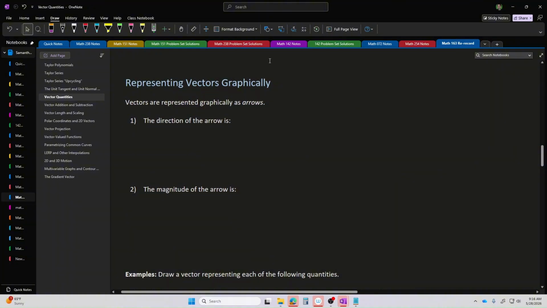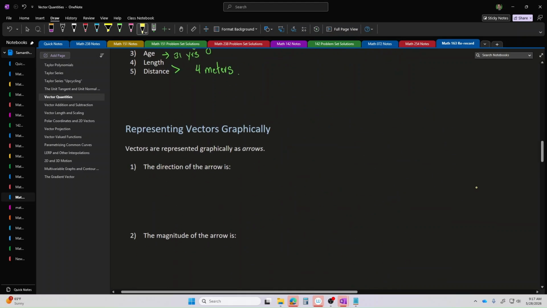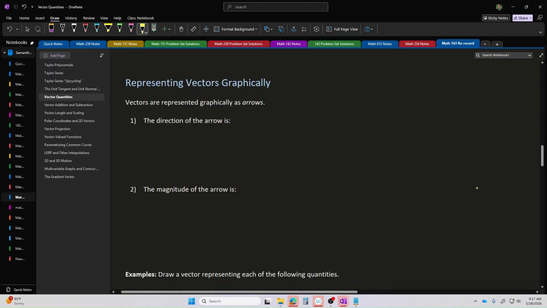as an arrow. The same way that we drew the displacement from point A to point B as an arrow in this example. When you represent a vector graphically as an arrow, the direction of the arrow is what stores the direction of the vector.